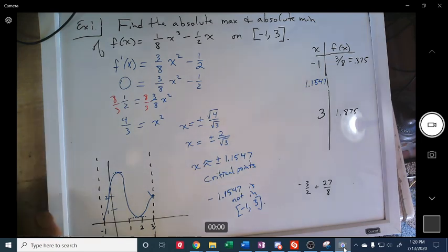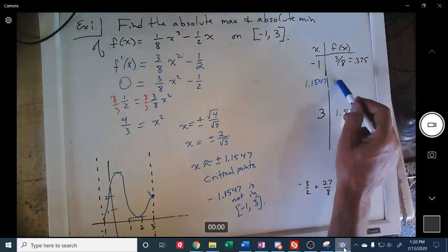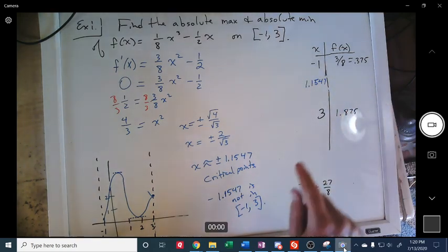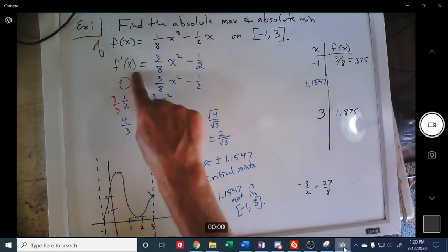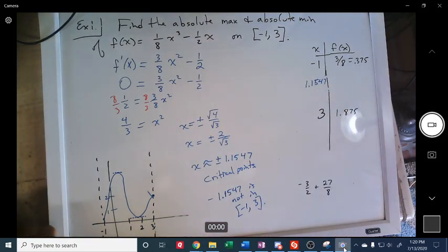Okay. And we find out what the f value is. Don't plug this into f prime. Plug this back into f because we're making a table of f.